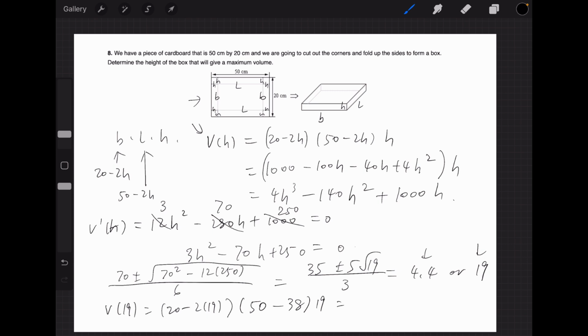We can see that this one is positive, however the first term was negative, therefore the result would be negative. But the volume of the box cannot be a negative number, therefore we know that 4.4 is the height of the box that maximizes the volume.